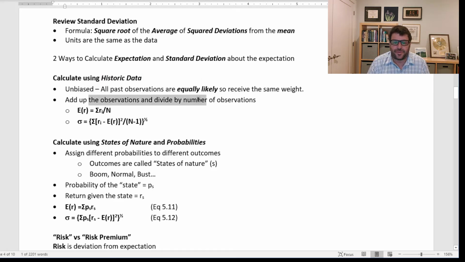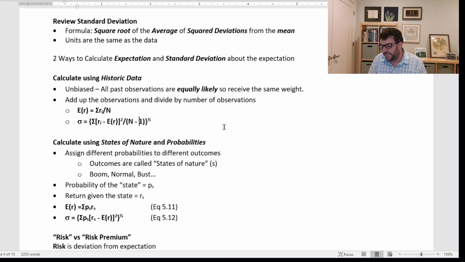I just add up the observations and divide by the number of observations to get my mean, sum divided by n, and my standard deviation is going to be each observation minus the average, squared, divided by n minus 1. The reason I divide by n minus 1 is that I have a sample and not the population. I don't know every single observation. I just have some sort of sample.